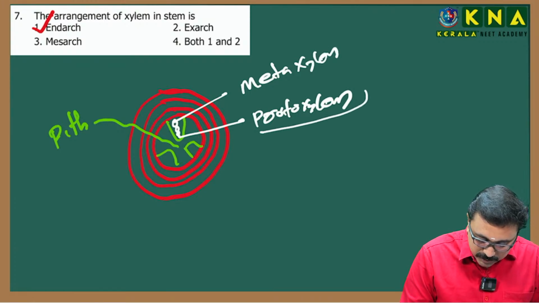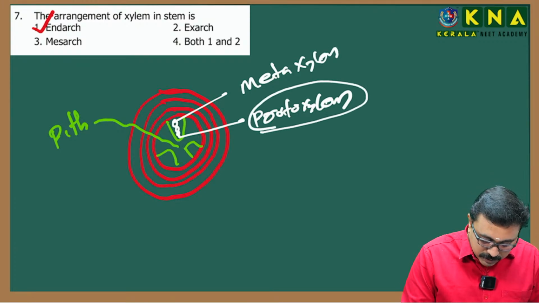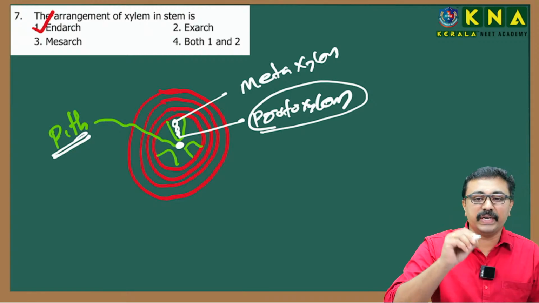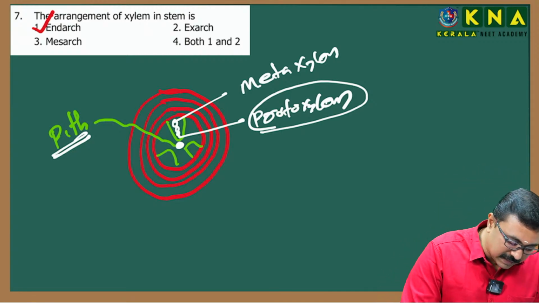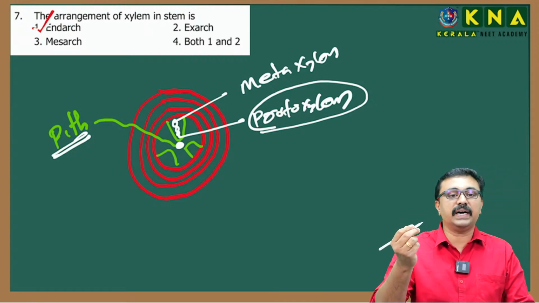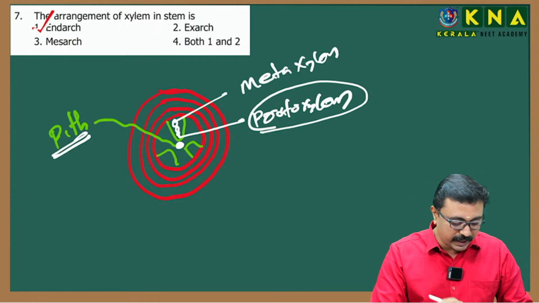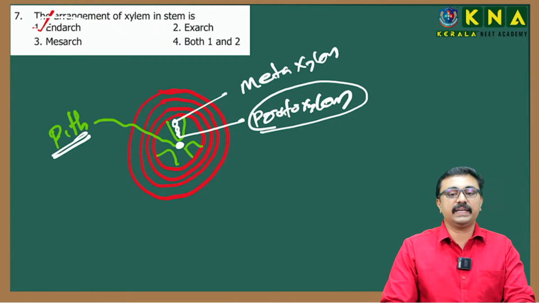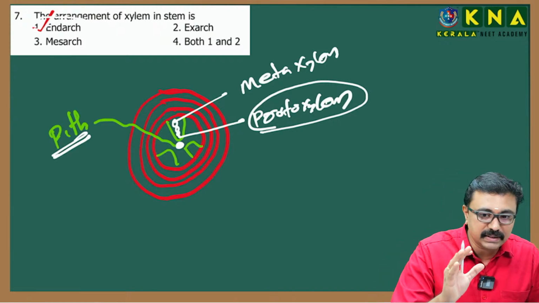See that protoxylem is actually facing towards what? Pith. So when the protoxylem is facing towards the pith, it is called endarch xylem. So the right answer is option 1 endarch.